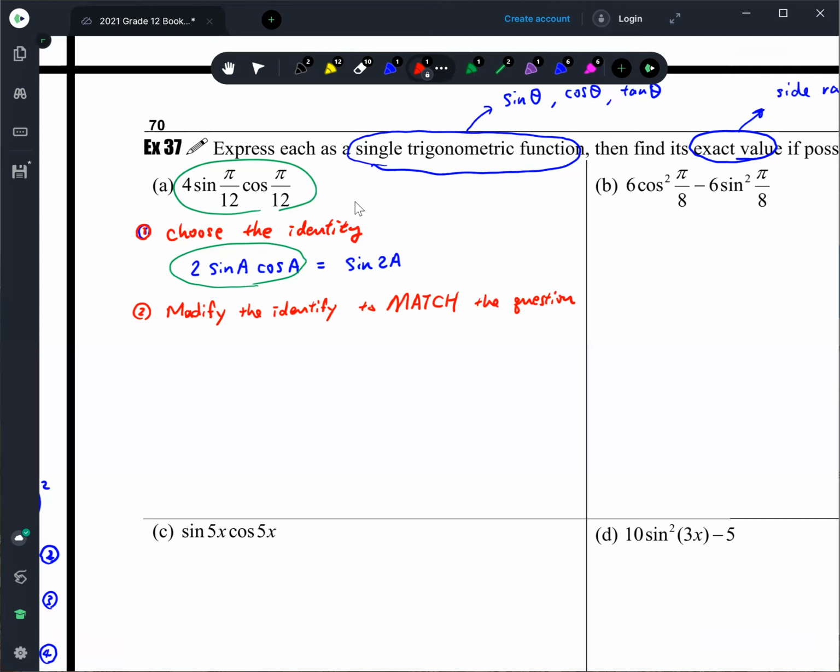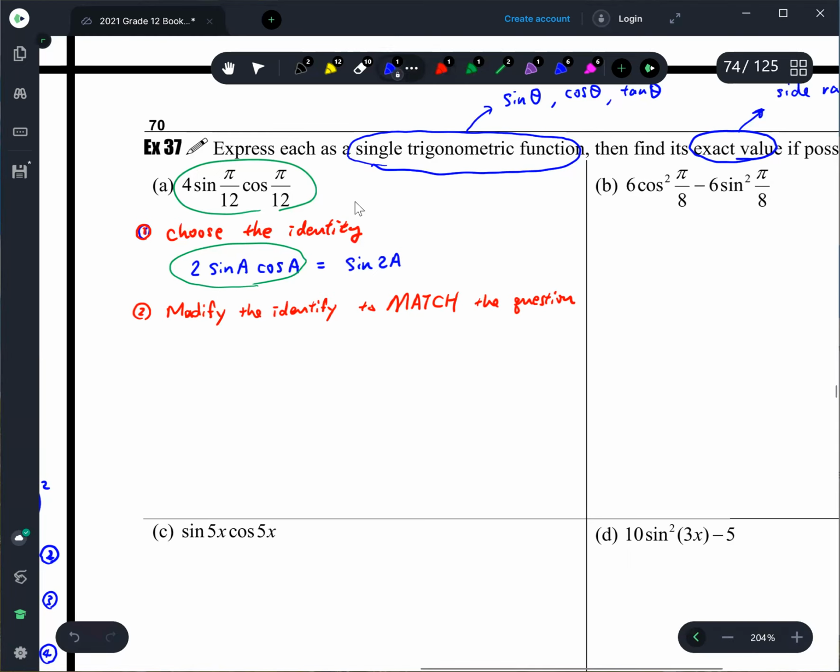So you want to modify 2 sine cosine to look like 4 sine cosine. How do we make 2 become 4? Anybody? How can we make the left side, 2 sine cosine, become 4 sine cosine? What can we do to the left side? Multiply by 2. Very good.